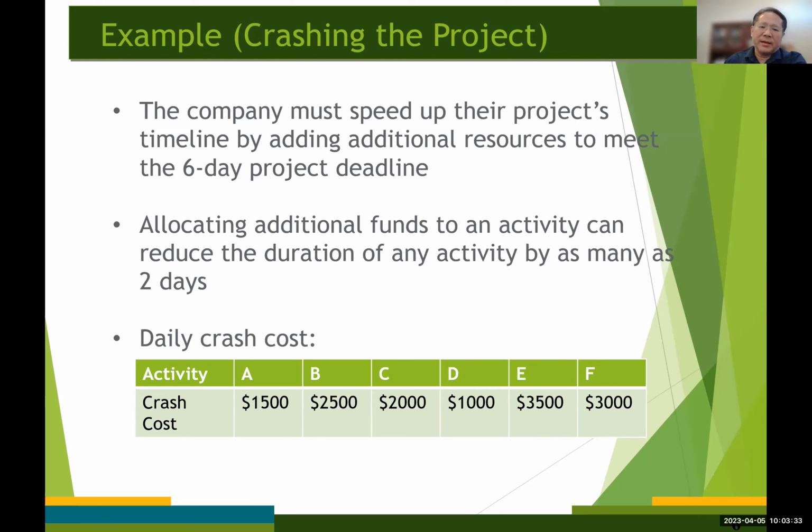So let's suppose that one of your competitors begins working on a very similar project, and as of now, it is highly likely their product is going to hit the market within a week, which means that you must finish your project within the next 6 days, one day before your competitor's final product hits the market.